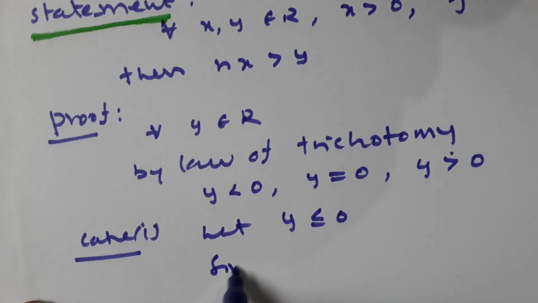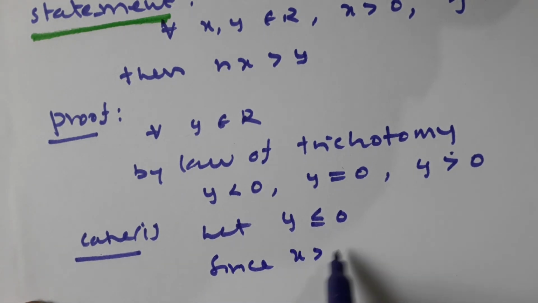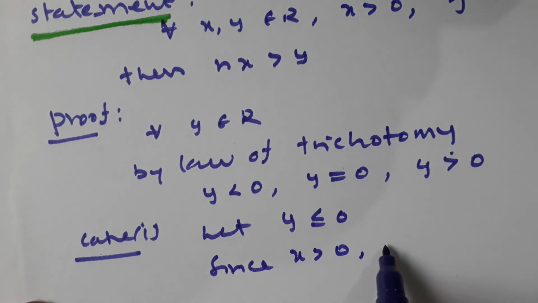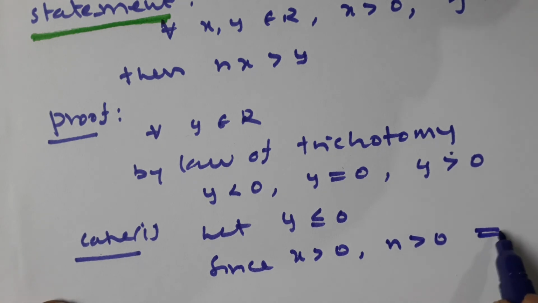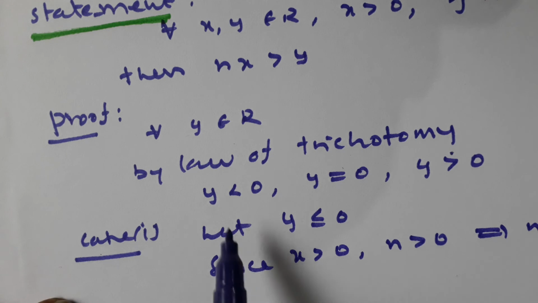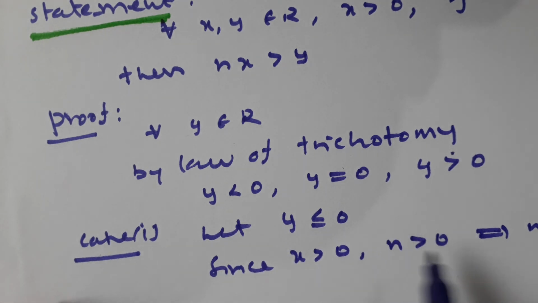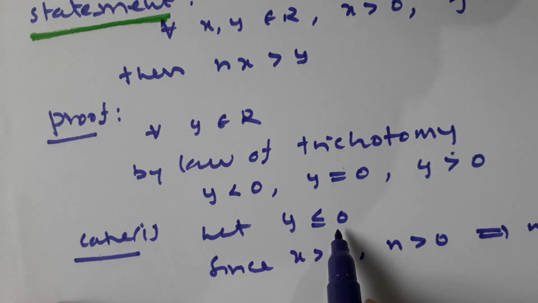Since x greater than 0, n greater than 0, because these are all positive real numbers, this implies, multiplying on both sides, nx also must be greater than 0. And next, as y less than or equal to 0, 0 must be greater than or equal to y.